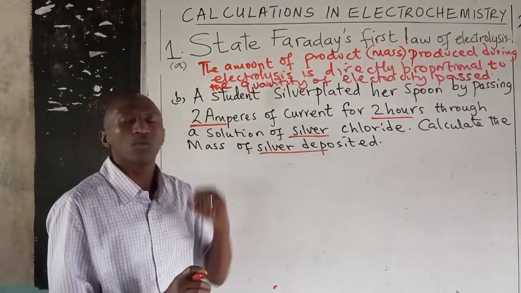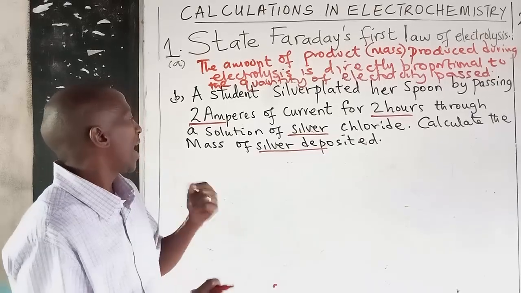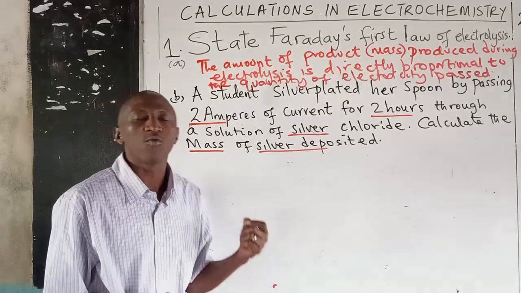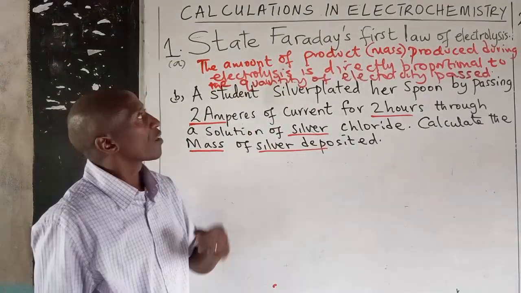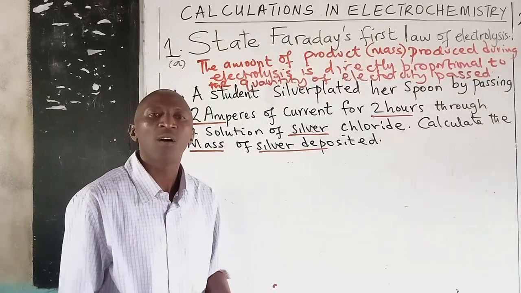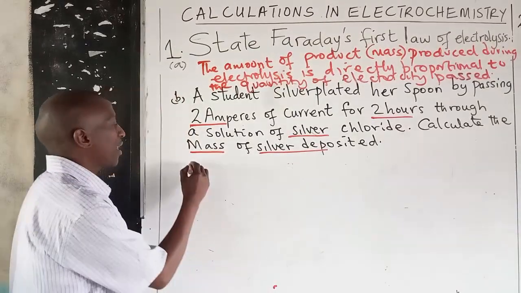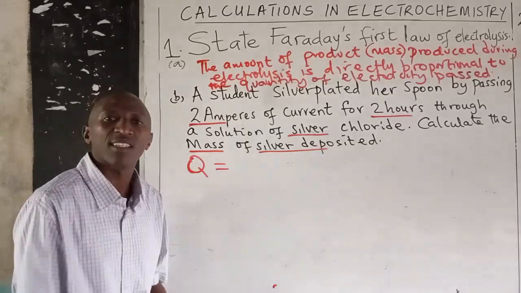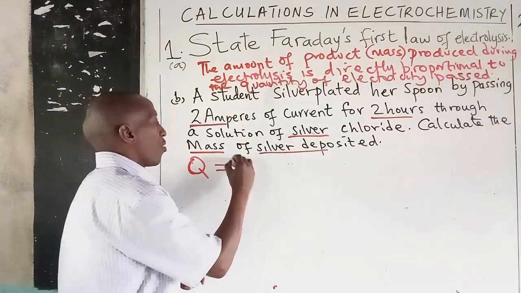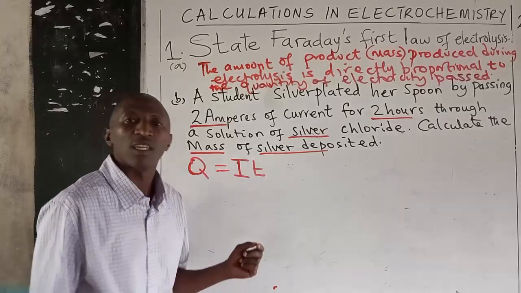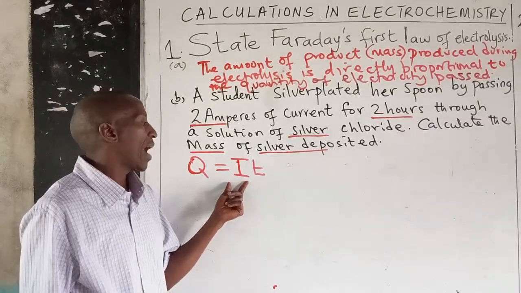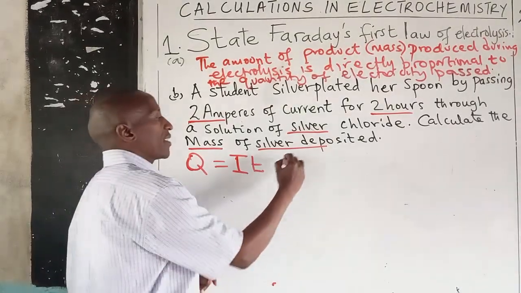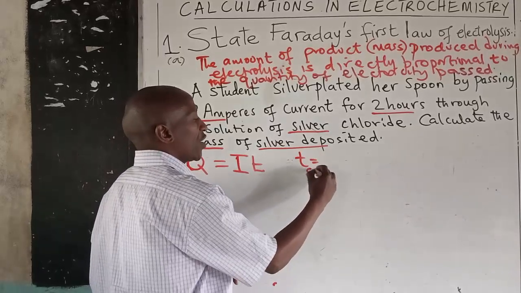Now, for us to solve this question, and the item we are looking for is the mass, we shall need to express Faraday's first law in terms of the symbolic equation, where we say the quantity of charge is abbreviated as Q, and it is I for current times the time, whereby we have to note here that the time should be in seconds.